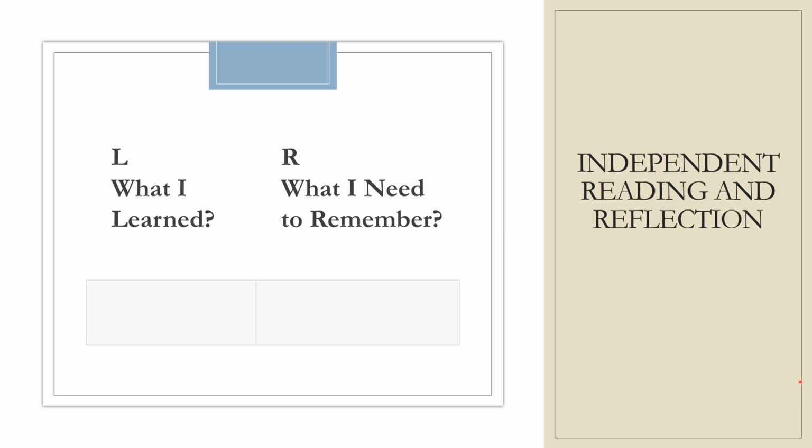And then tomorrow, or if we have time today, at the end of class, we are going to discuss as a class, what do we think we need to remember from this?